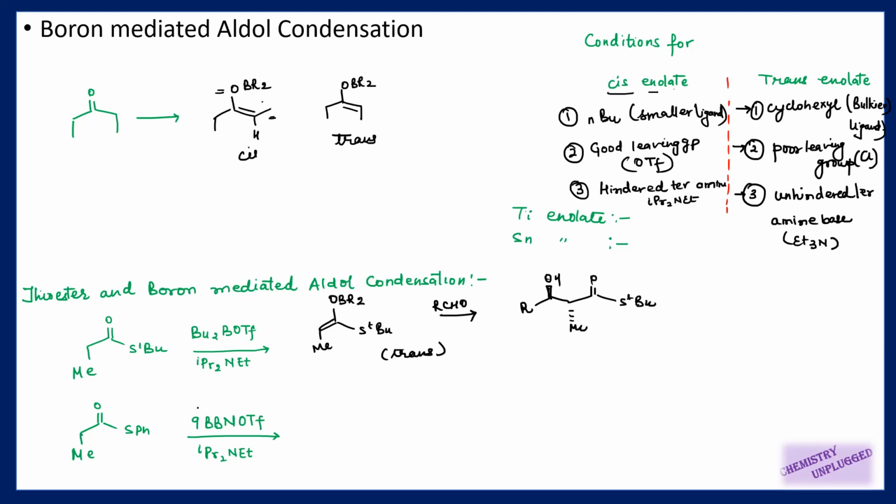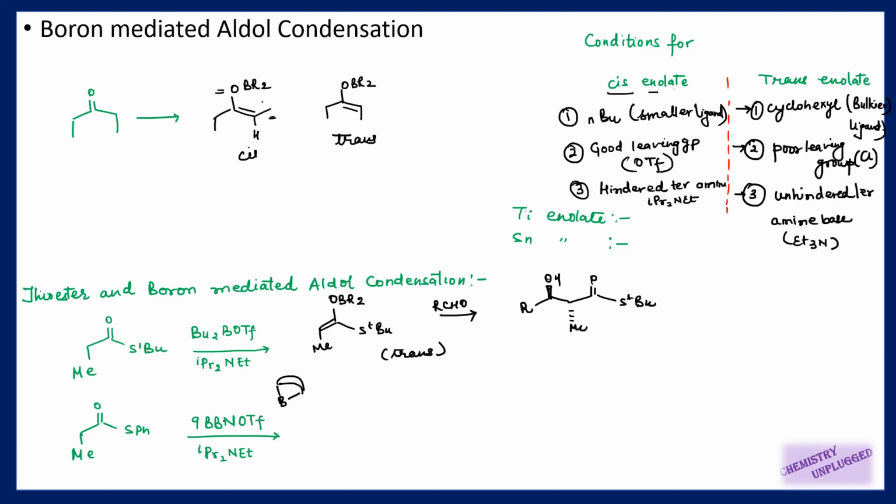Similarly, in this case I am using a bulkier group here, 9-BBN, and triflate. Triflate is a good leaving group, but 9-BBN is bigger in size, but the shape is such like that. The shape is like this. So these groups are away from this boron, that is why it will not cause hindrance, right? So that is why we will not include 9-BBN in bulkier size group.